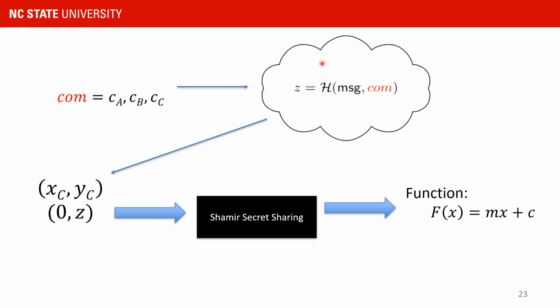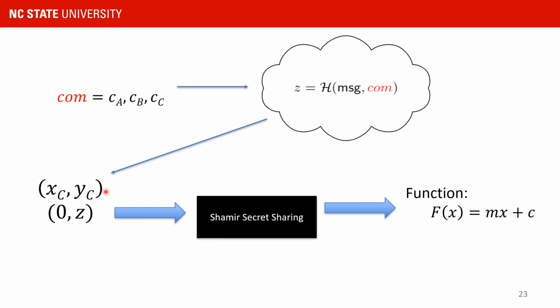Now, with the value z that they get from the random oracle, they can use all the points that they got from the non-signers, the things that they committed to for the non-signers, and add the point (0, z).